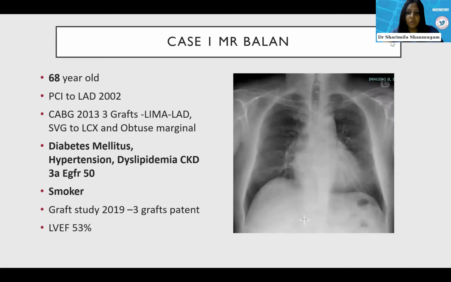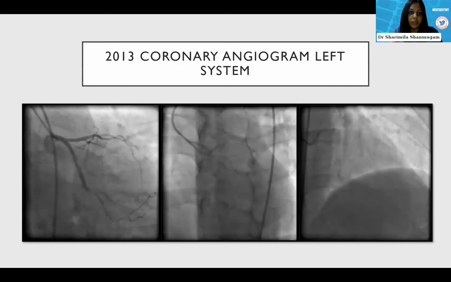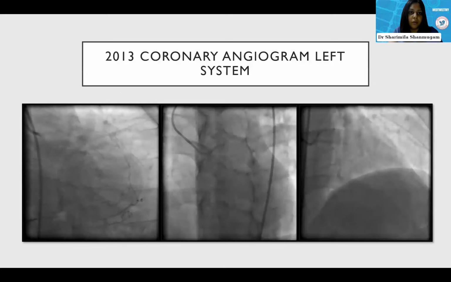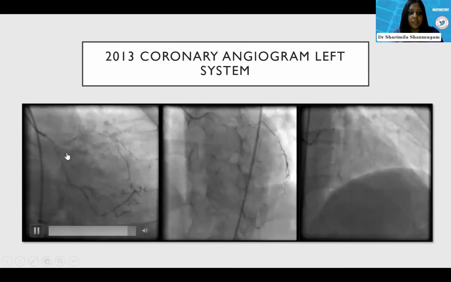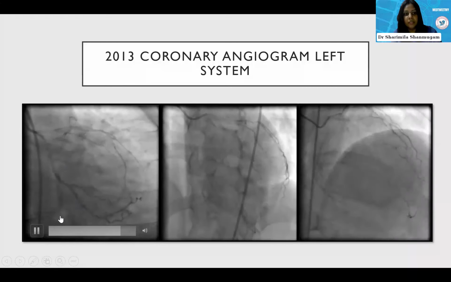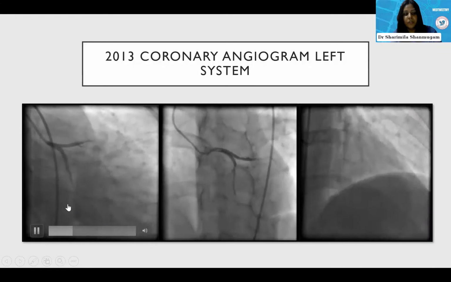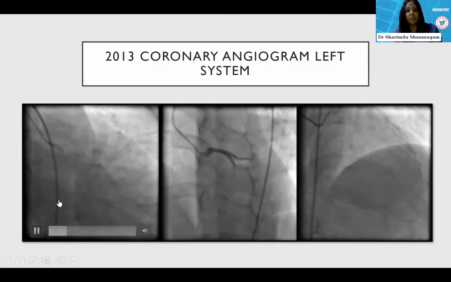So this is his chest radiograph. You can see the graft clips, and there is, of course, it's a 2D image, but you can see there is cardiomegaly. So I'm just showing you the coronary angiogram in 2013. All right, so somewhere around here, this is what we call the left circumflex, proximal, and distal, and the obtuse marginal. So distally, complete total occlusion, yeah, 100% blockage.